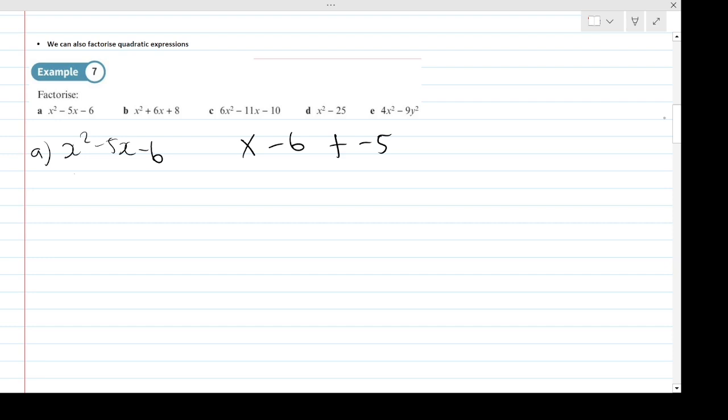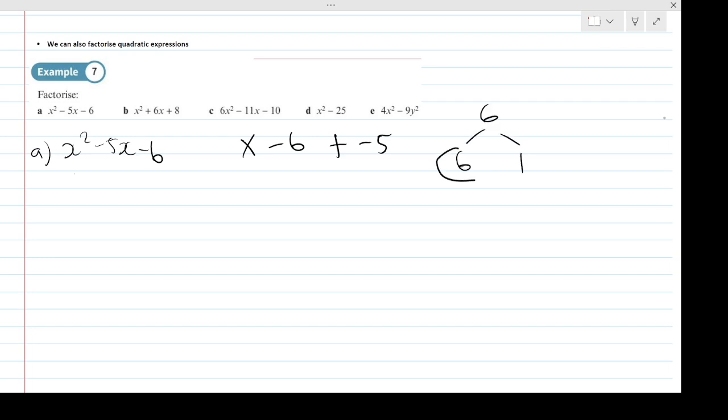And so the easiest way to find two numbers that multiply to give minus 6 and add to minus 5 is to consider the factors of minus 6, or 6, right? So if we had the factors of 6 and 1, can we find some way of adding to get 5 or minus 5?